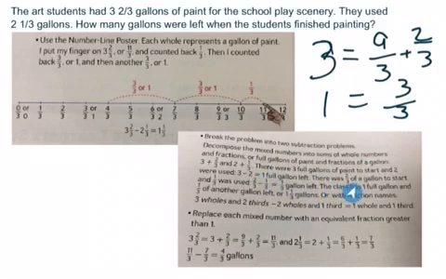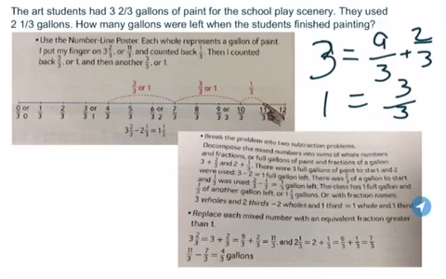There was 2/3 of a gallon to start and 1/3 was used. 2/3 minus 1/3 equals 1/3 gallon left. So the class has 1 full gallon and 1/3 of another gallon left, or 1 1/3 gallons. Or with fraction names, 3 wholes and 2/3, take away 2 wholes and 1/3 equals 1 whole and 1/3.